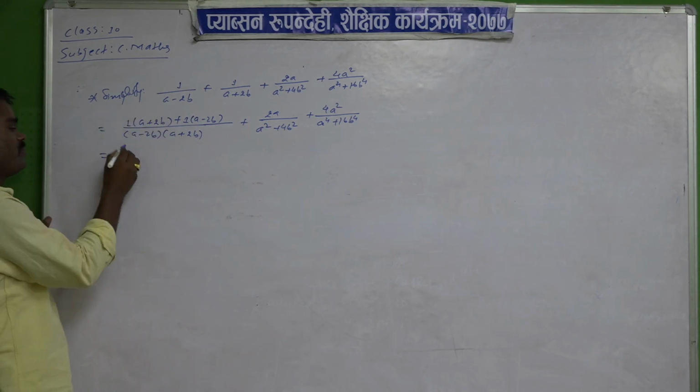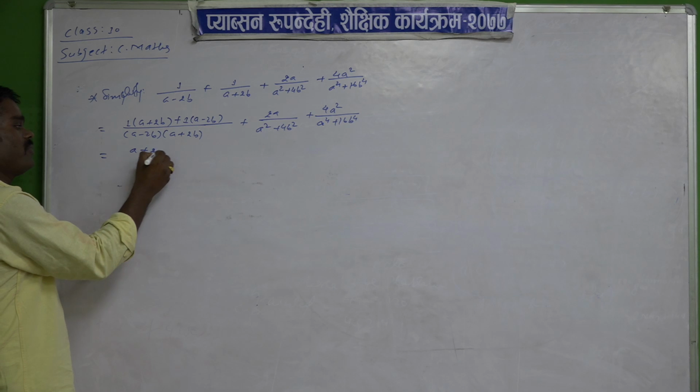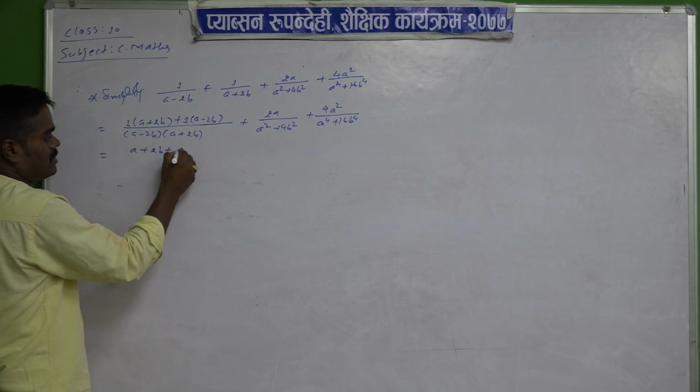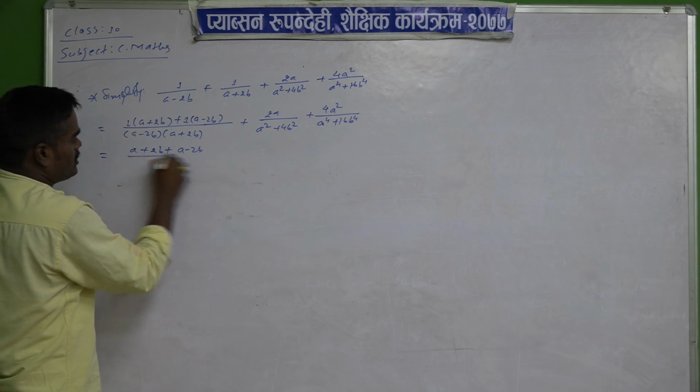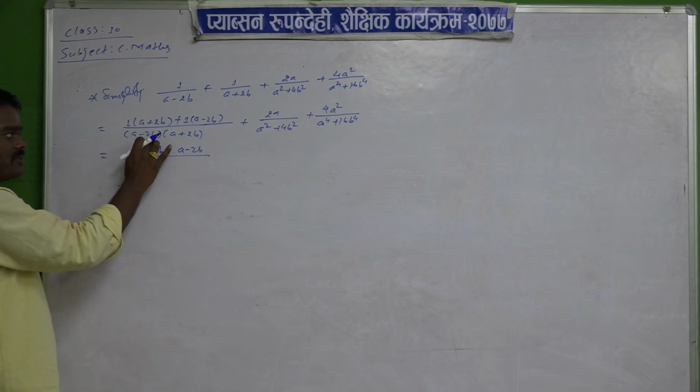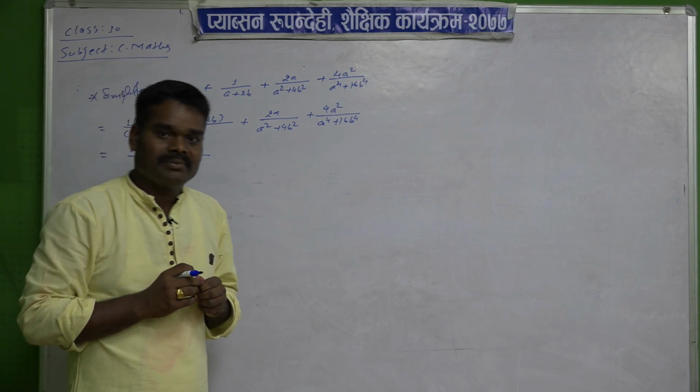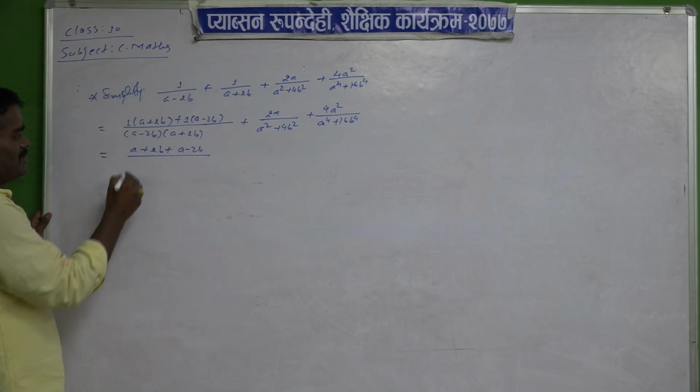Now open the bracket. So a plus 2b, while multiplying with a having plus sign also, and here also the same, a minus 2b. Now (a plus b) into (a minus b) is what? a square minus b square.